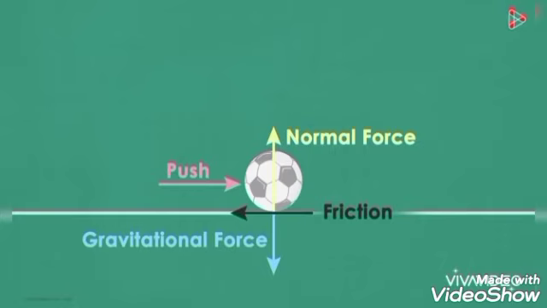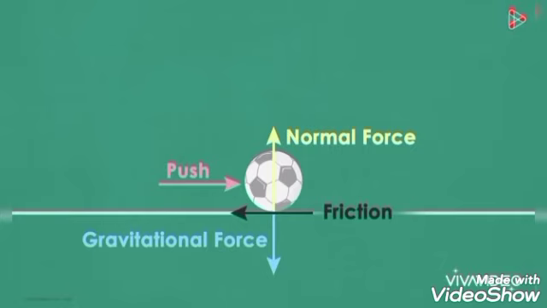Suppose the applied force is equal to 10 Newton. You know the unit of force is Newton. So if the applied force is equal to 10 Newton and the frictional force is equal to 5 Newton, then does it move or not? Does the body move or not?